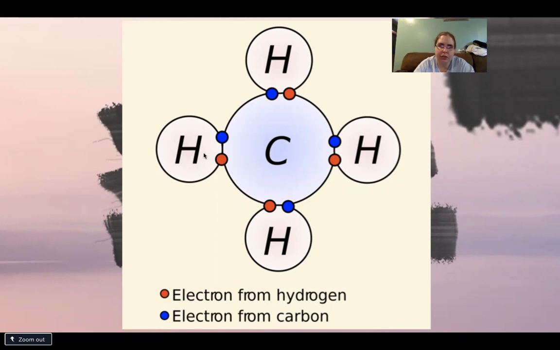Now this hydrogen has access to both electrons. Same with that hydrogen and this hydrogen. And since the carbon is sharing with each of the hydrogens, the carbon has access to all of those electrons, so it has access to 8 electrons now.